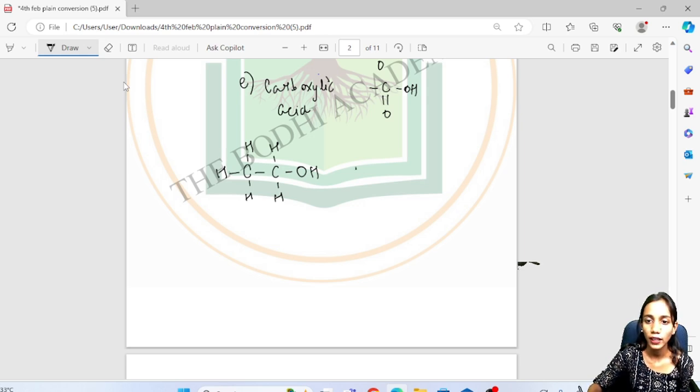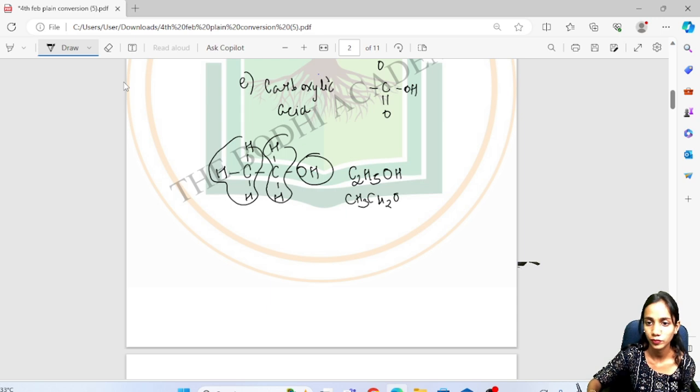The formula will be C2, H 1 2 3 4 5, 5 H are there, and there is an alcohol group which we write separately as OH. As I have previously told, this can also be written as CH3, considering this part, and considering this part, CH2, and then this OH. This can also be written this way.